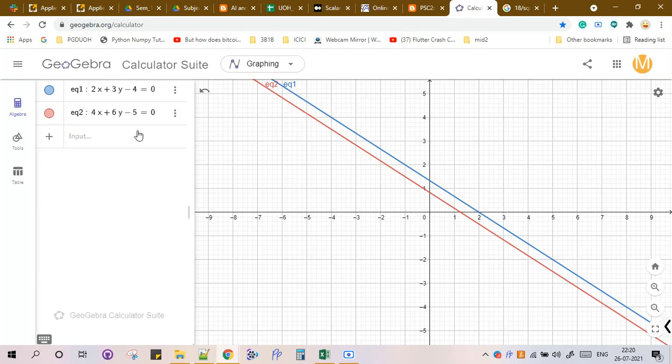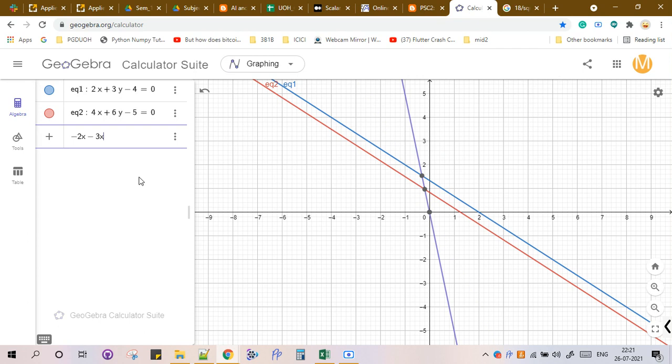So there can be a question whether these two hyperplanes are overlapping or not. You just need to take the ratios 2 divided by 4, 3 divided by 6, 4 divided by 8, if it was an 8 here. And to see if it is perpendicular or not, just take the dot product.